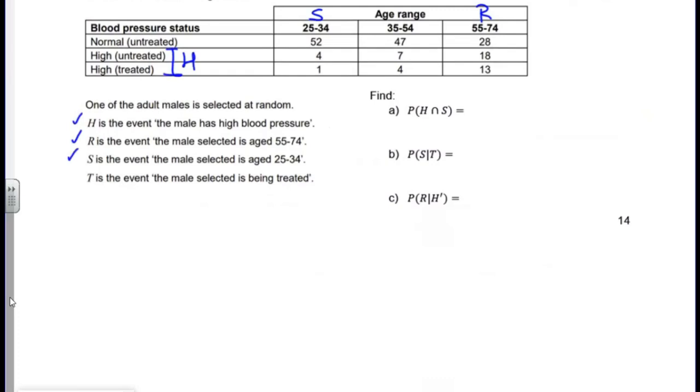And T is treated. So T is just that bottom line. Right, so we've got to be careful what I'm selecting from. So the probability of high and 25 to 34. So high is 5.